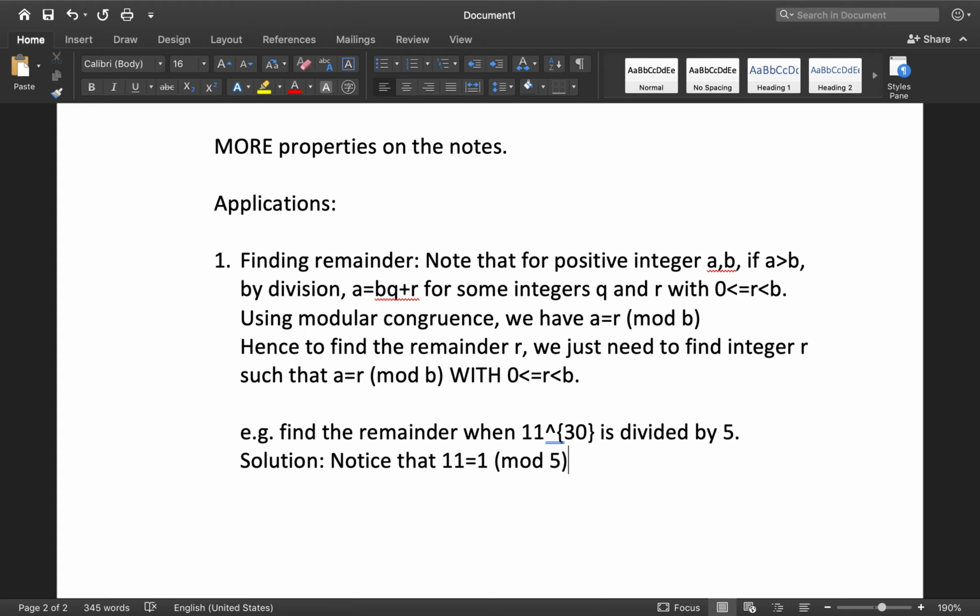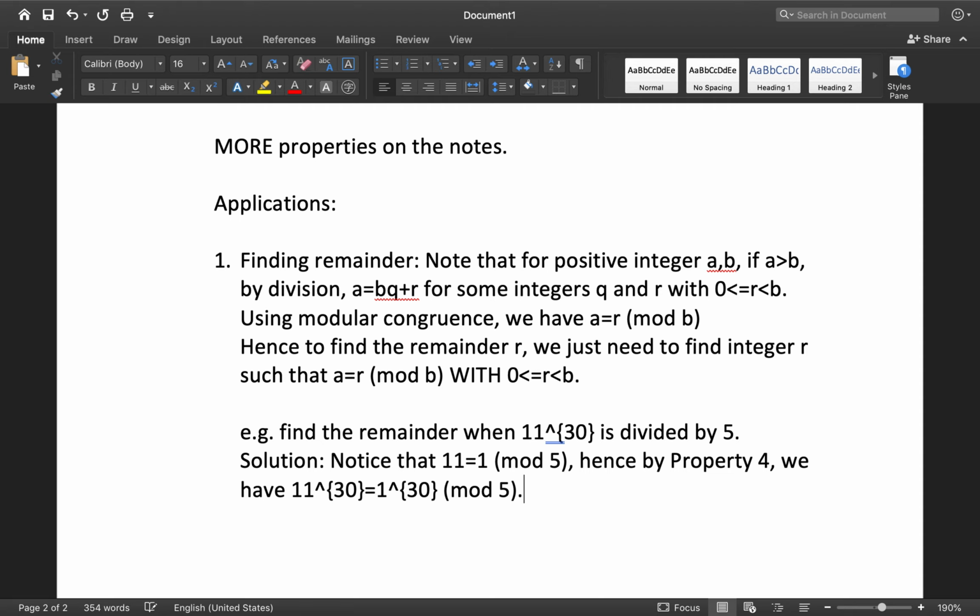So 11 is congruent to 1 modulo 5, and hence, by property 4, you can raise it to any power, especially power 30. So 11 to the power 30 is still congruent to 1 to the power 30 modulo 5.